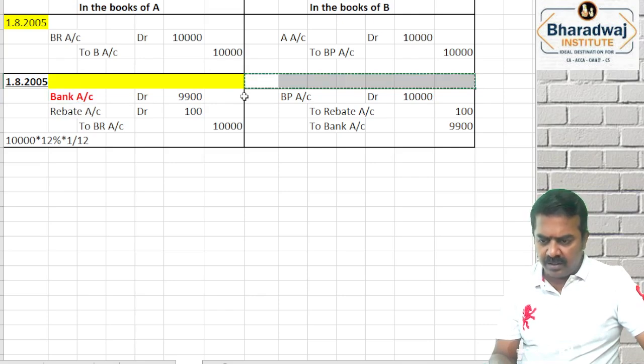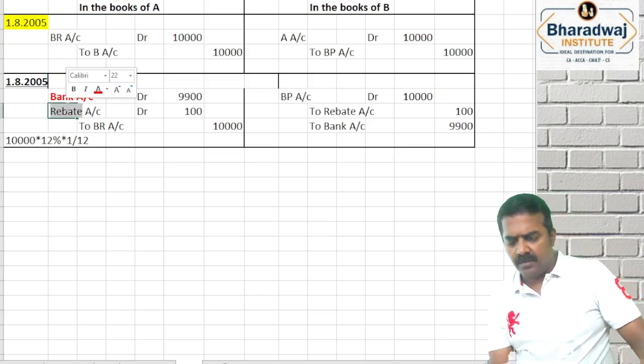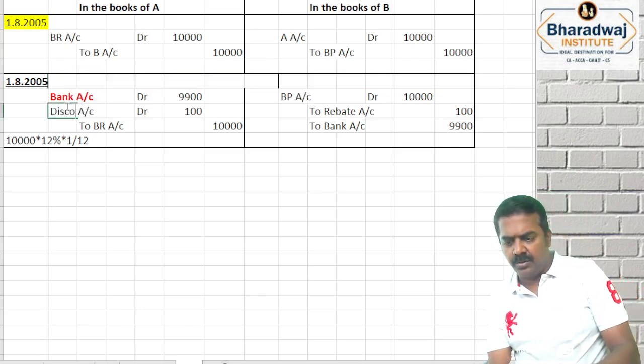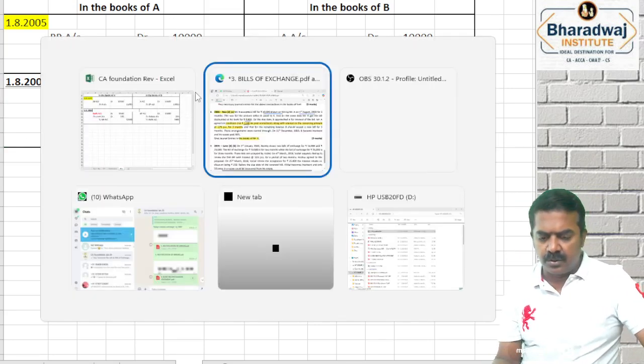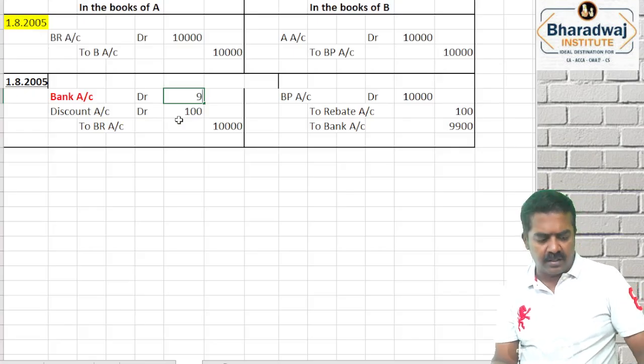What entry will pass? Bank account debit, discount account debit to bills receivable account. It is discounted for how much? 9,800 now. Discount will be 200.